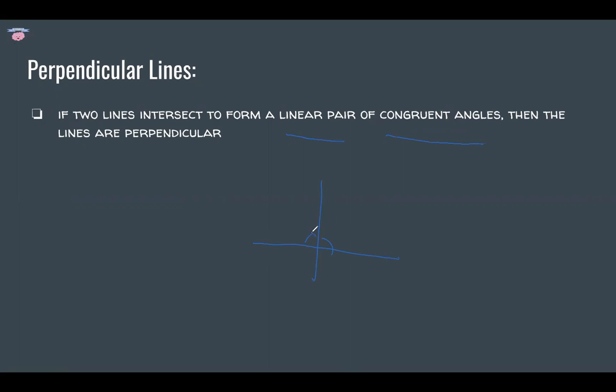If they're congruent, that means this angle is equivalent to this angle. So we know that A plus B is equal to 180 degrees because it's a linear pair, and we know that A is equal to B. So then we just get that 2A is equal to 180, A is equal to 90 degrees. So yeah, they're perpendicular because they form 90-degree angles.